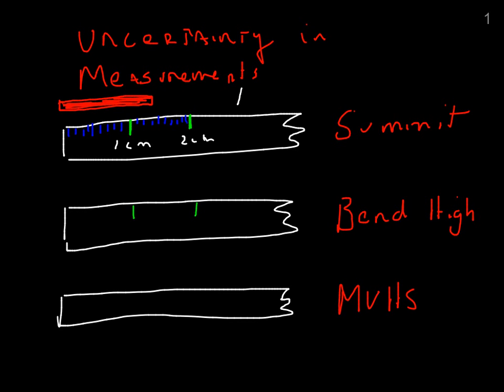Now I'm going to have to squint and look very carefully. Looking straight down, I'm going to say, okay, it is 1 centimeter. It is also larger than 0.1, 0.2, 0.3. Okay? So I'm at 1.3. All of these numbers are certain.